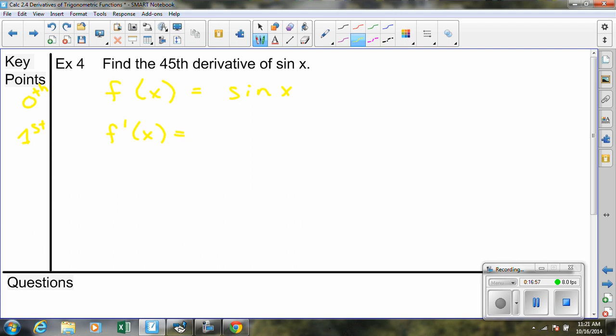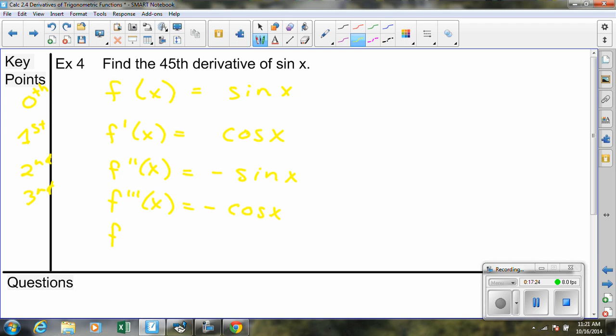The derivative of sine equals cosine. The 2nd derivative: derivative of cosine equals negative sine. 3rd derivative, we'd get the negative derivative of sine, which is cosine.